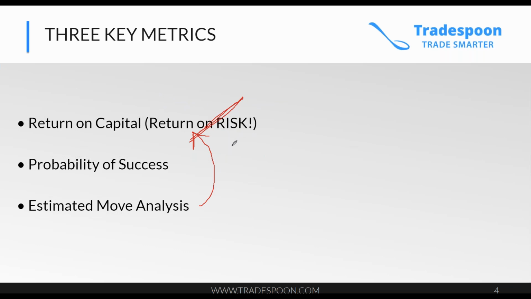So I also need to have an estimated move to the downside. So this is not just up, this is up and down. I need both. What if I'm right? What if I'm wrong? As I work with individual traders, I'll tell you right now, this is probably one of the things that is the easiest to fix.